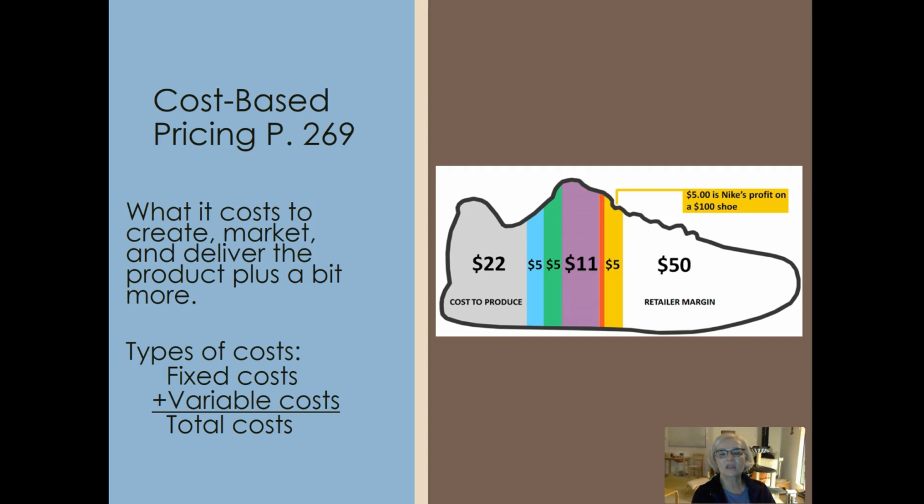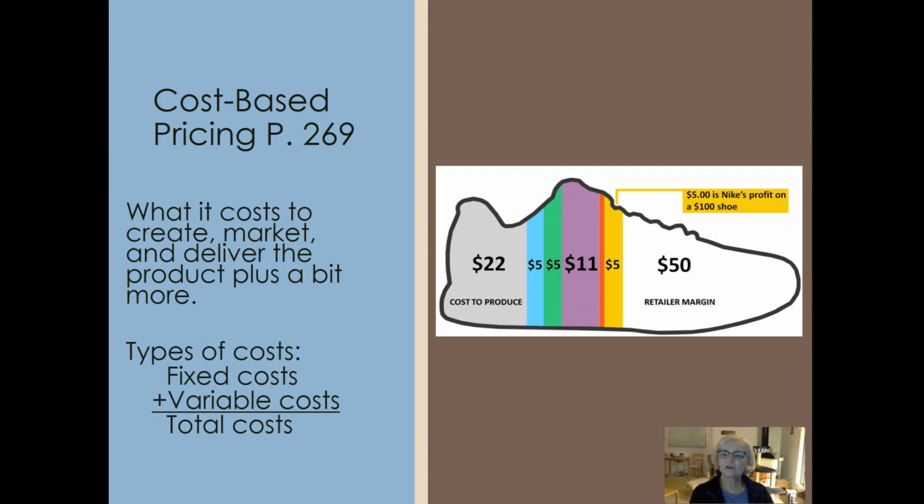Here is one way of setting a price, and that is figuring out what it actually costs, adding a little padding there, and then we know what it costs. So here's an example I found online for a Nike sneaker, where we can see that there is a $5 profit. Sorry about that, cats.